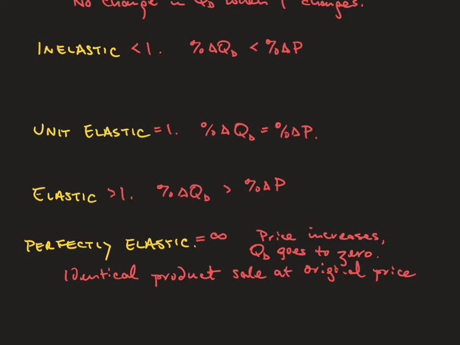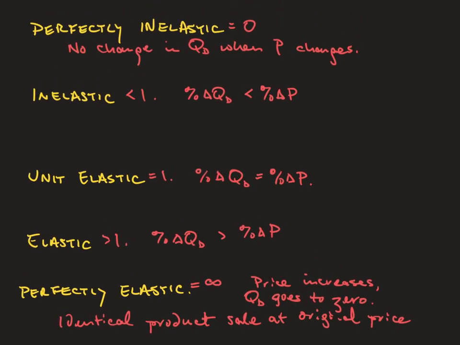Even if they raised their price from $2 to $2 and a penny, hypothetically, people would stop purchasing their lemonade and go to the stand that still charges $2. So even the tiniest increase in price results in a 100% drop in quantity demanded. That's perfectly elastic.